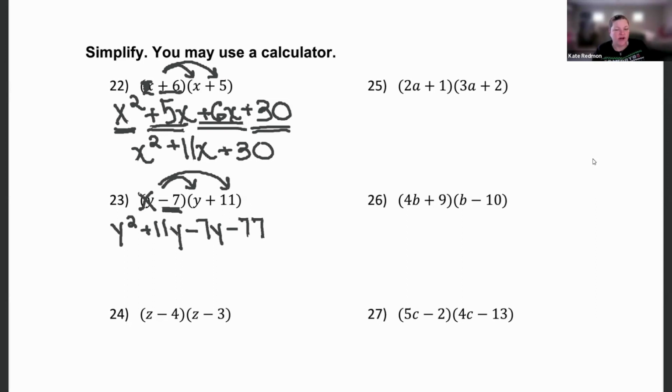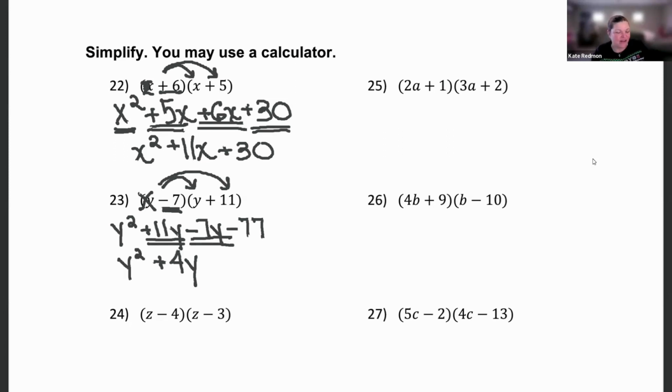I'm adding, subtracting now. I can only combine like terms. There's a y term and another y term. They can combine. Now I'm adding, subtracting. So as I put that into my calculator, I'm going to type 11 minus 7, and I will get positive 4y. Notice how I put the plus sign in front because I have a term here, y squared.